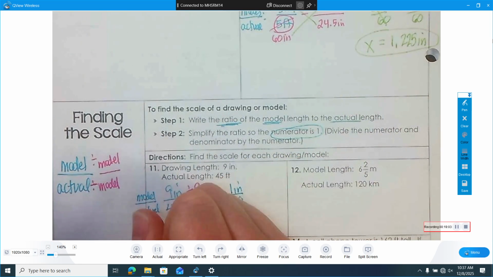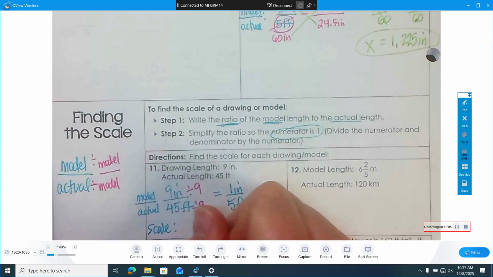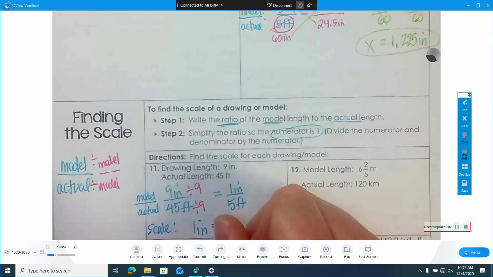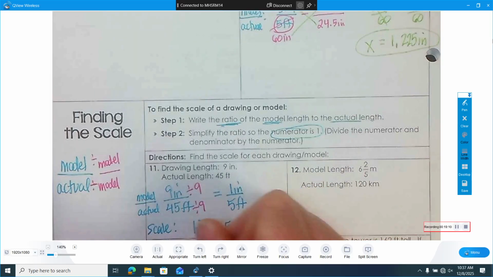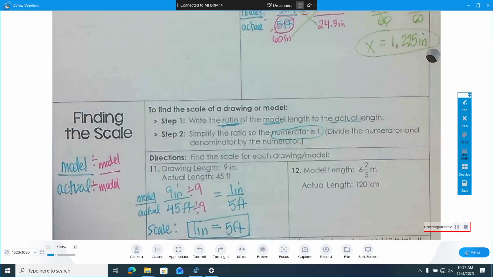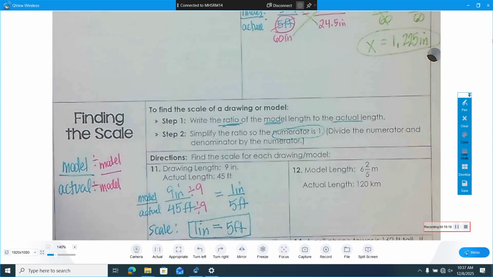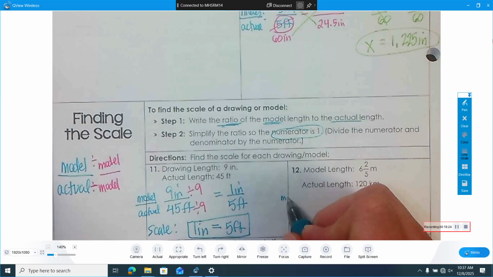And so our scale is 1 inch is equal to 5 feet. So 1 inch on our little drawing is equal to 5 feet on the wall, which is kind of interesting to think about. So again, we want to set up a ratio of the model to the actual.